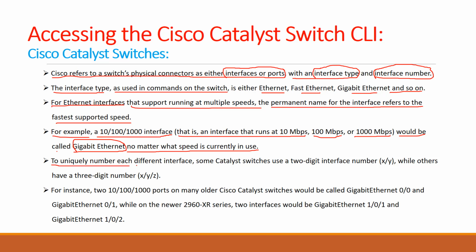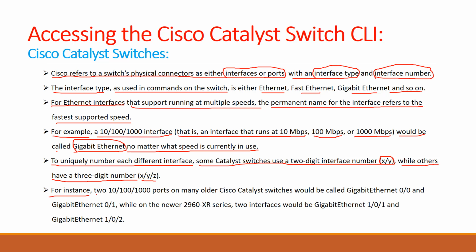To uniquely number each different interface, some Catalyst switches use a two-digit interface number X/Y, while others have a three-digit number X/Y/Z.